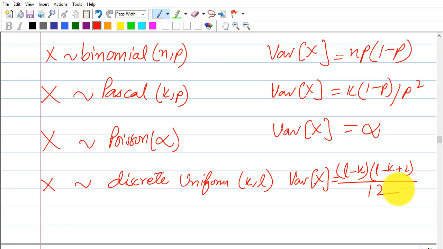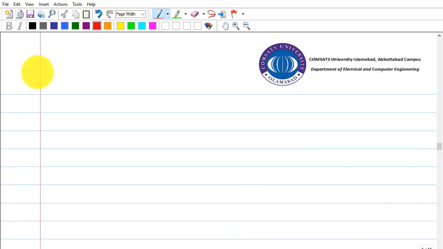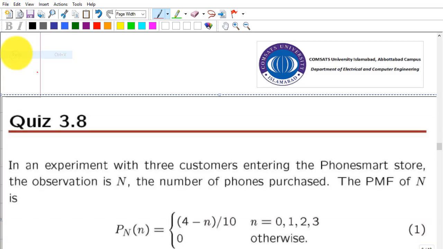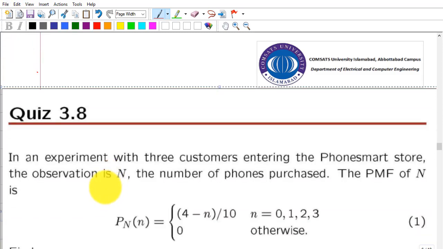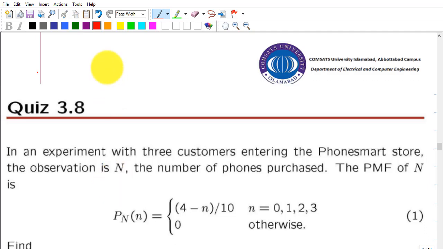So let's look at one more example, pasted from the book. It is example quiz 3.8. It states that in an experiment with 3 customers entering the phone smart store, the observation is N, the number of phones purchased.